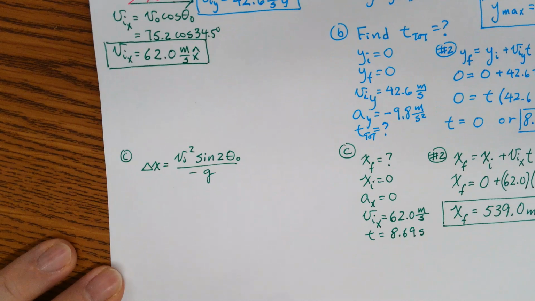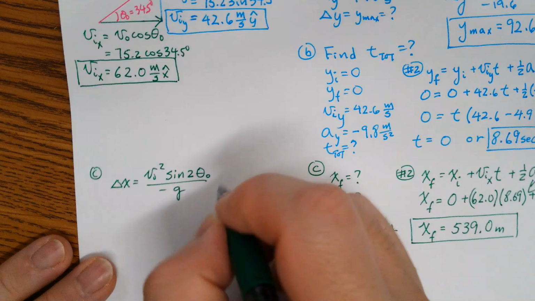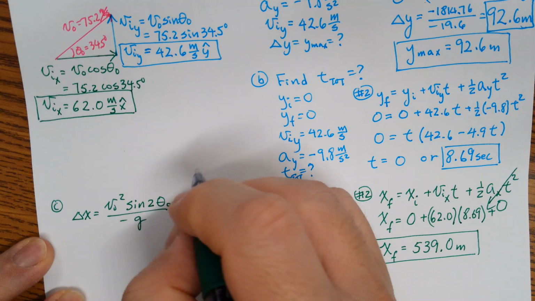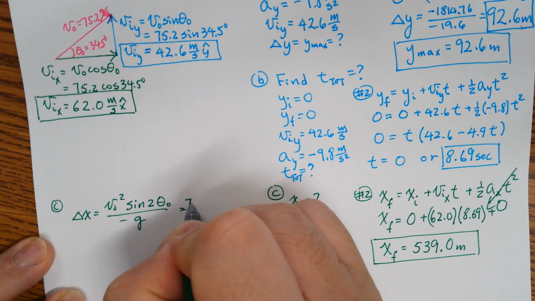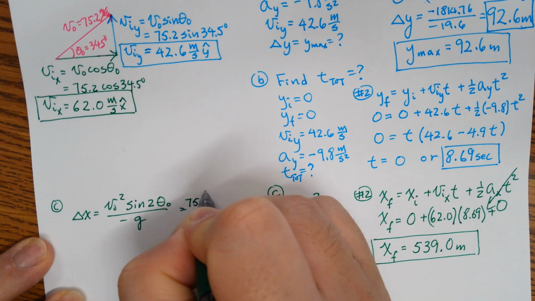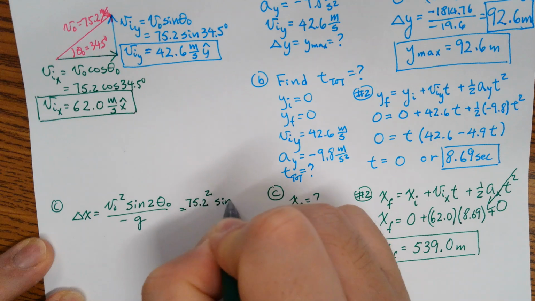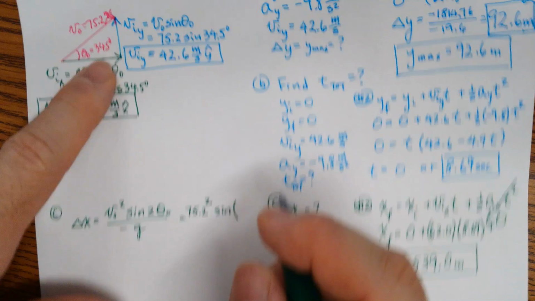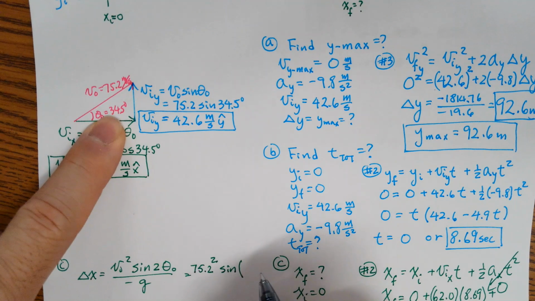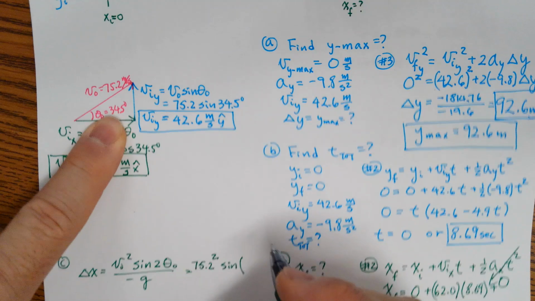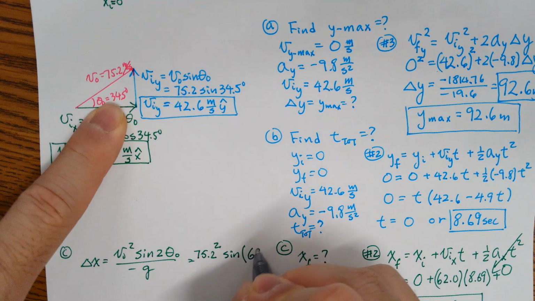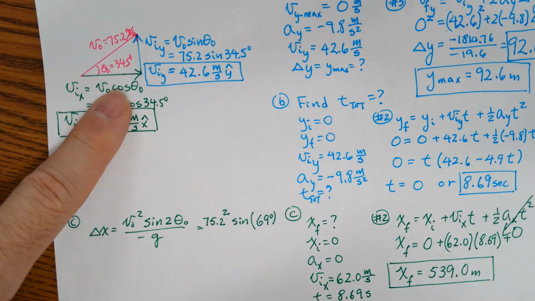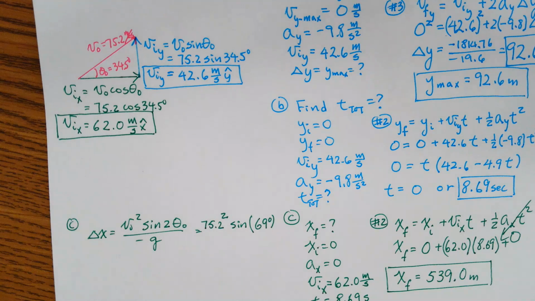And if you use that, you're going to get 75.2 squared times sine of 2 times the theta, that's 2 times 34.5, and that will be 69 degrees.